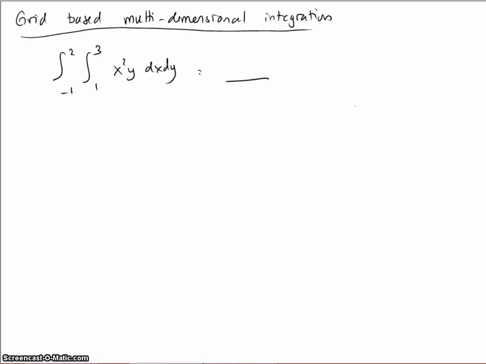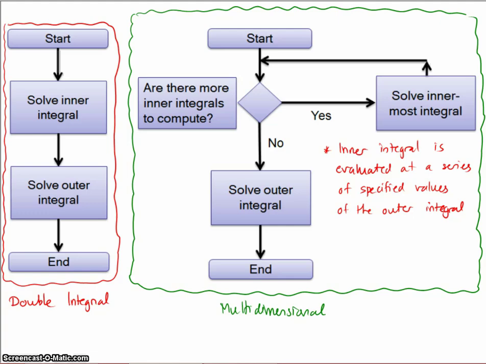The concept behind numerical integration for multidimensional integration is the same. You're going to carry out your integral in one direction first, use those values to do numerical integration in the second direction. So if I'm going to represent this as a flowchart, you can think of it this way. So you start your algorithm, you are going to solve the inner integral first. Once you have solved the inner integral, you're going to use all those results.